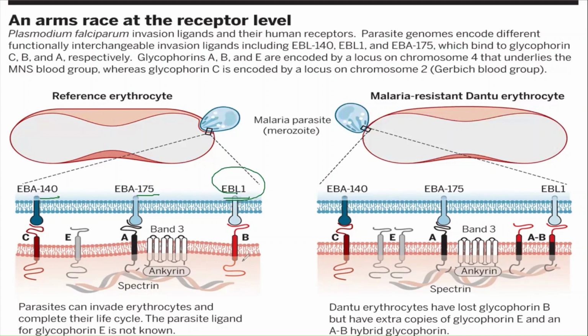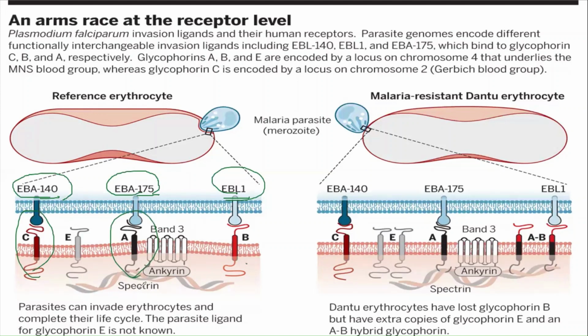EBL1 interacts with glycophorin B, EBA 175 with A, EBA 140 with C. This is normally the case, and they invade the RBC using this glycophorin, go inside of the RBC and start growing there. Okay, the eggs that they release, and they complete their life cycle inside the RBCs.